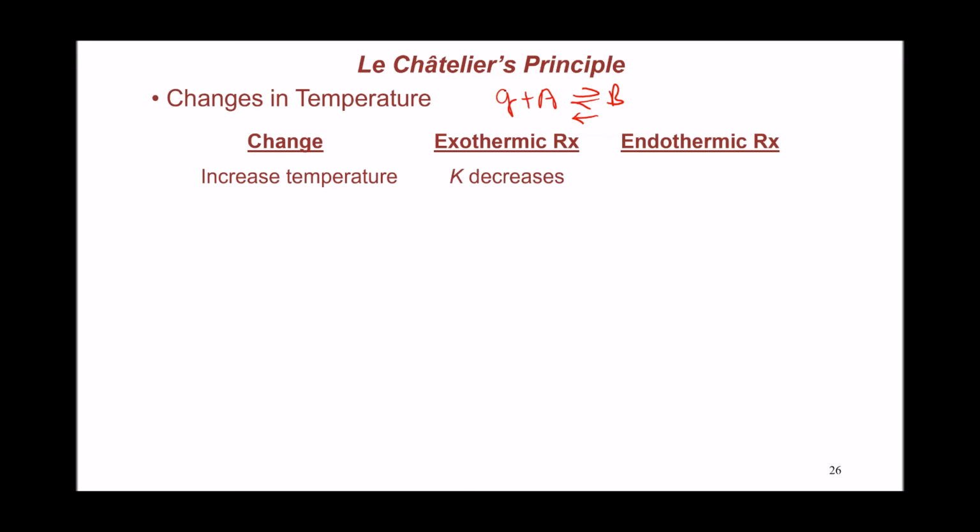So when you increase temperature, you're adding energy to the reactant side, which makes the equilibrium shift to the right-hand side to offset the increase in energy, and that will increase the equilibrium constant of the reaction. If you decrease the temperature, it's going to be the opposite. It's going to increase the equilibrium constant for exothermic reactions and decrease the equilibrium constant for endothermic reactions.